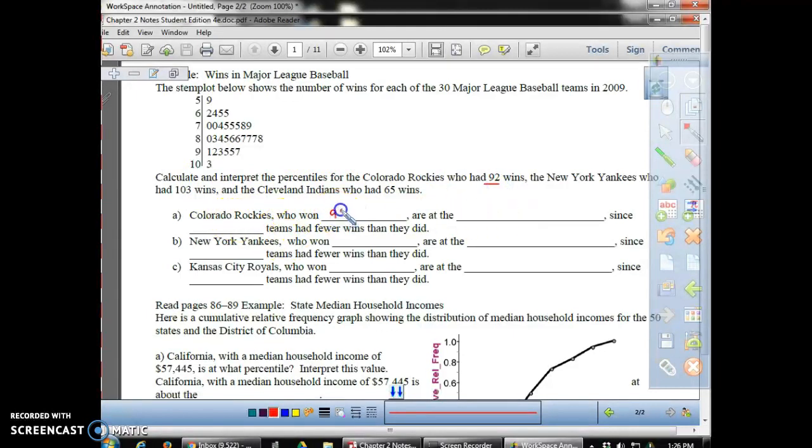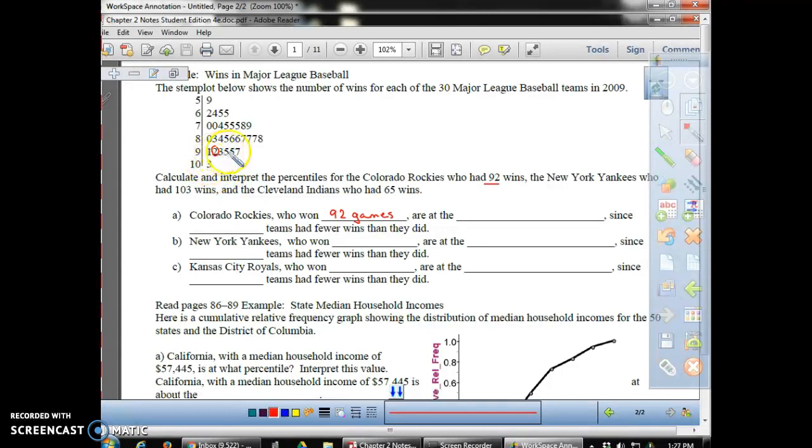So they had 92 wins. And we need to find out where they are located in this stem and leaf plot. And remember, they are all in order, so they're already positioned in the right way. So we need to find the Colorado Rockies. They are right there, 92 games. So we need to know the number of observations below the Colorado Rockies. The quickest way, if there are 30 total, is to count the number that are at or above.